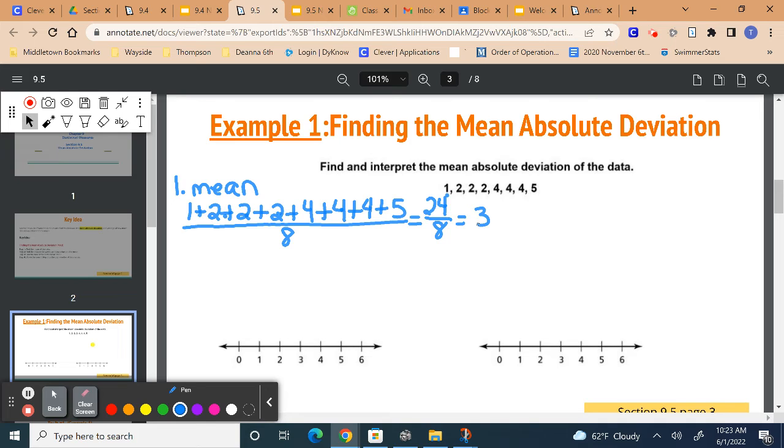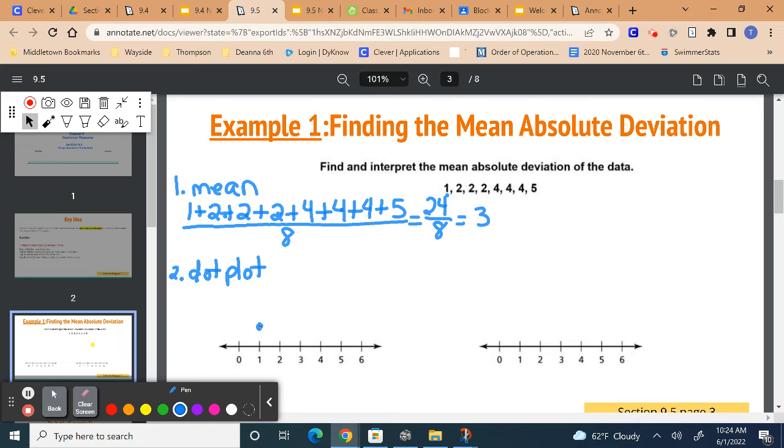I have a dot plot down here at the bottom left. And step 2 is where we make the dot plot first. We look up our data, and we have 1 above 1.